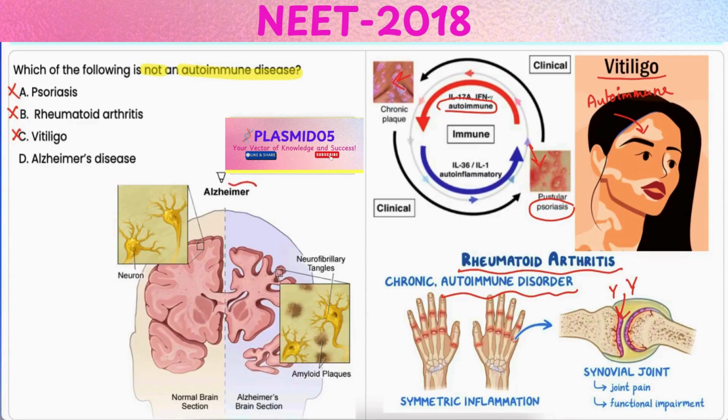Now, Alzheimer's is a neurodegenerative disease which is mainly characterized by progressive loss of memory and cognitive function. And it is associated with the buildup of amyloid plaques and tangles in the brain. But this is not an autoimmune disorder. Hence, it is the correct option.